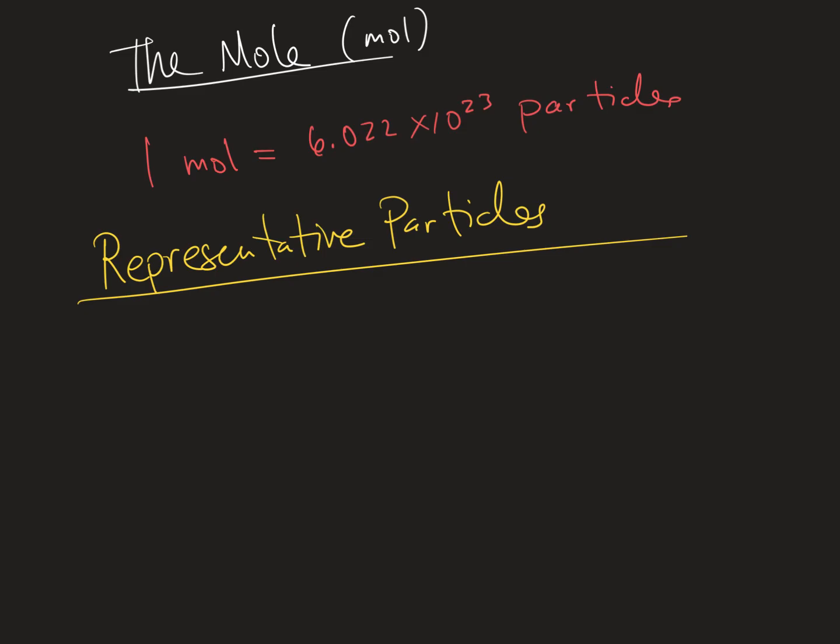Okay? So if we're dealing with elements, then we call the representative particle of an element, what do you think? What represents an element? Atoms. An atom. You with me? Atom is the smallest particle of an element that still tells us it's that element, right?